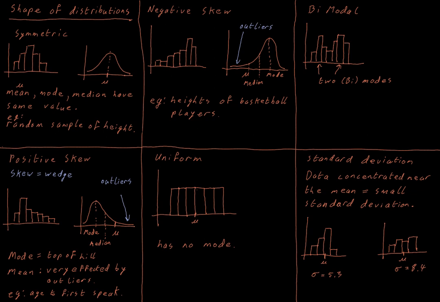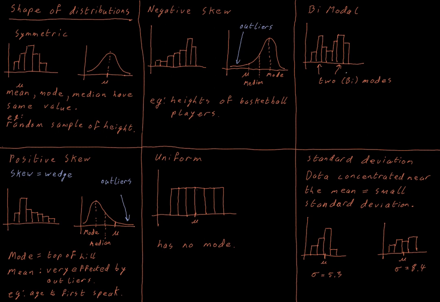Obviously, at a certain point, it stops being sensible to talk about having modes. We get towards the uniform situation. But in a situation like here, where we have two bars that are obviously jutting out to basically the same height above the rest of the data set, we would say that both of those would be our modal intervals. Whatever the values we've got here, they would be the modes of our data set.